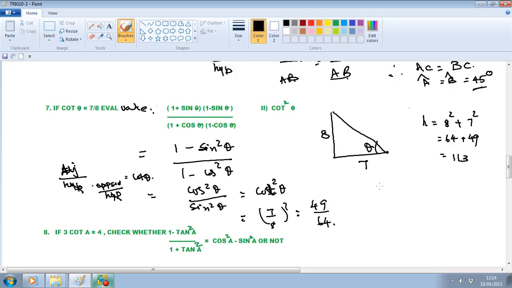We'll try the other method. 1 plus sin theta is 1 plus 8 by the hypotenuse.